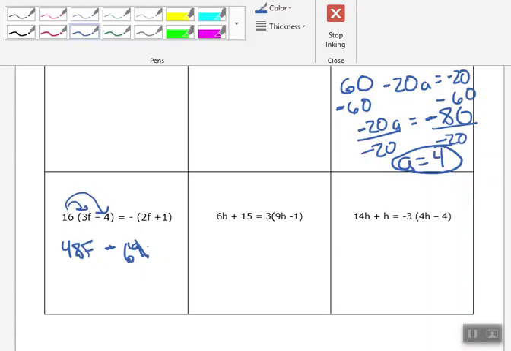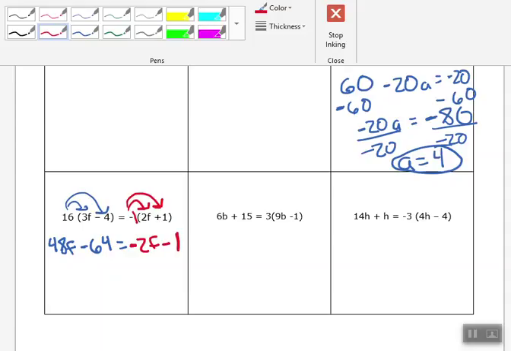I'm going to write this a little neater because I need a little more space. So I have 48f minus 64 equals, and then on this other side, I'm going to do this in red. I have my invisible negative 1 here, so I'm going to distribute that. So it's going to equal negative 2f minus 1.